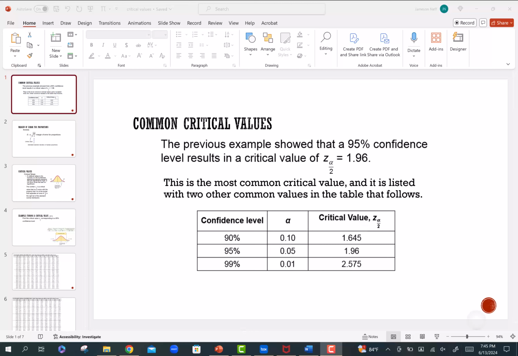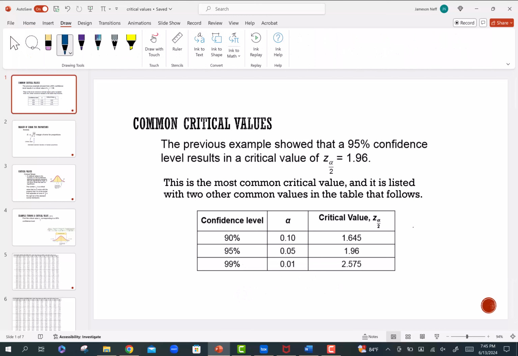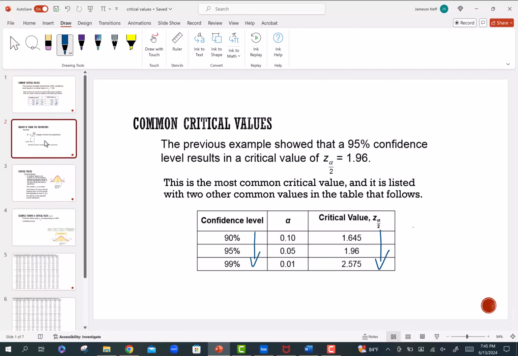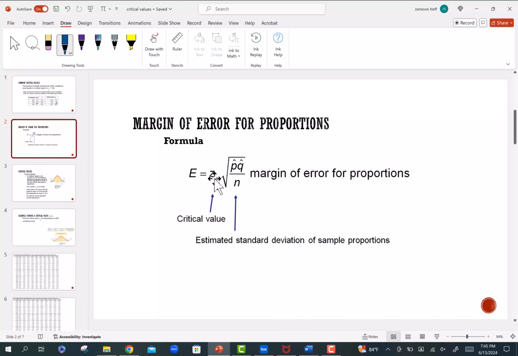These are the values of z alpha over 2 for some of the most common confidence levels. And you can see that as your confidence level increases, so does the critical value. And just remember, this is the formula you use them in.